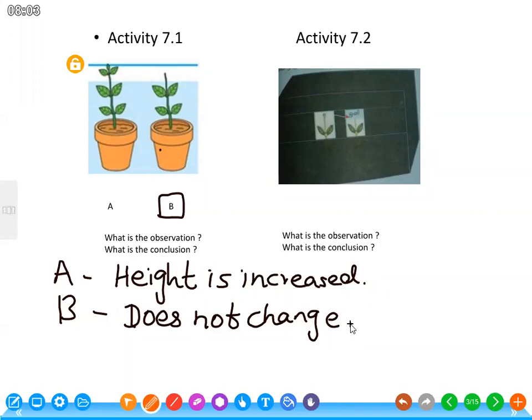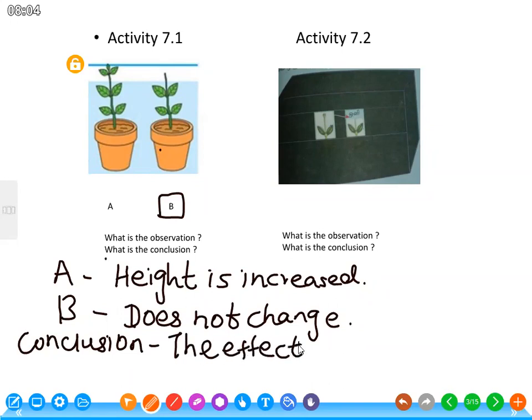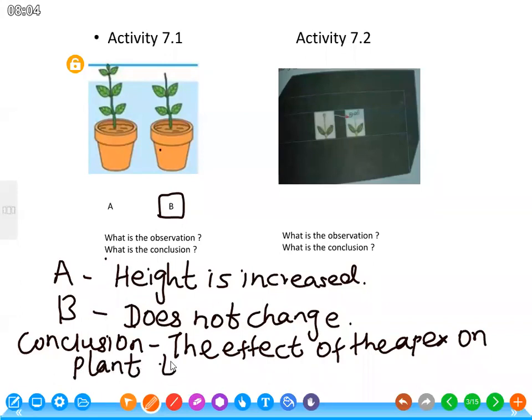So what is the conclusion? The effect of the apex on the plant is to increase its height.